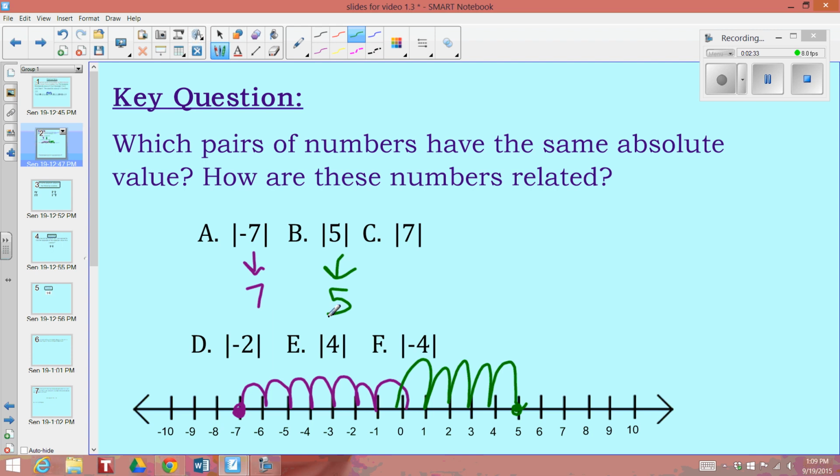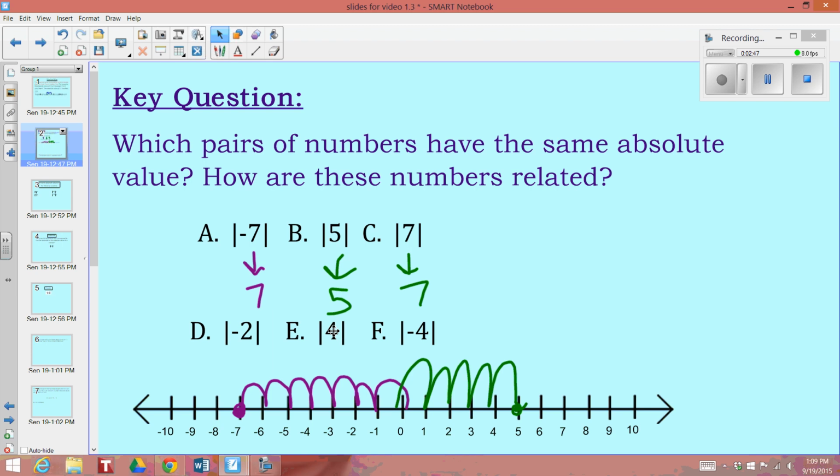Letter C asks for the absolute value of 7. And I know that positive 7 is 7 units from 0. The absolute value of -2, which is letter D, I know that -2 is 2 spaces from 0. So the absolute value of -2 is 2.